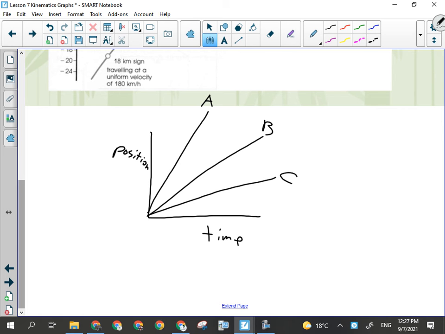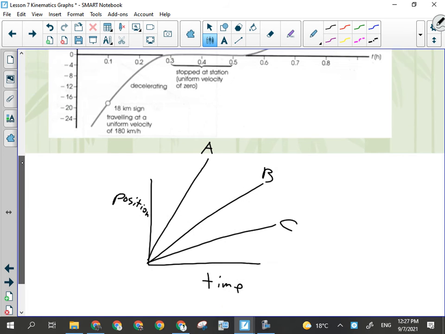C. It's the slowest because it's the least steep, or in other words, has the lowest slope. Everybody all right with that? You kind of have a feel for that. When you look at a graph, anything that's steep is high, anything that's not steep is low. So C would be the slowest one.